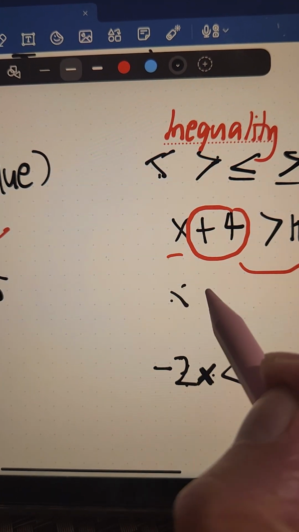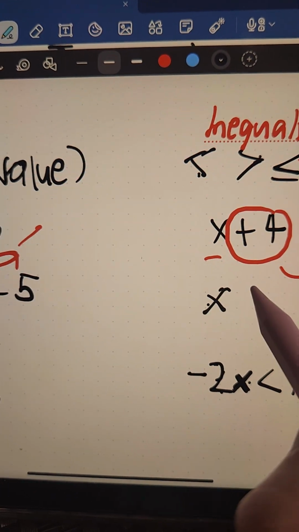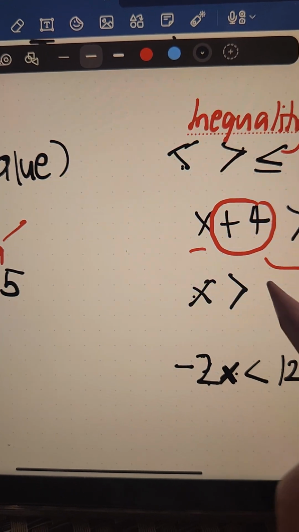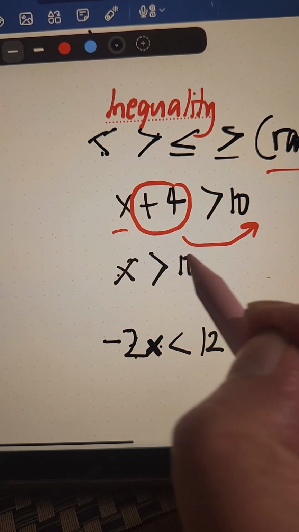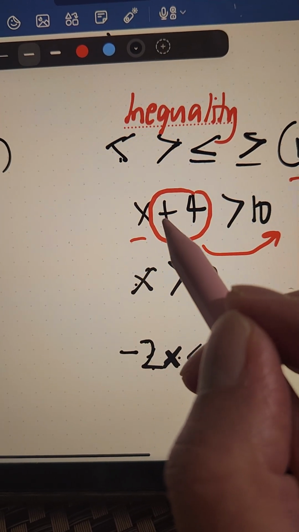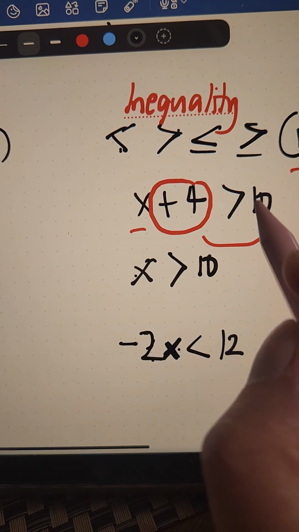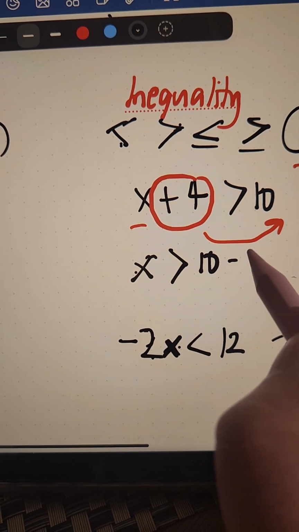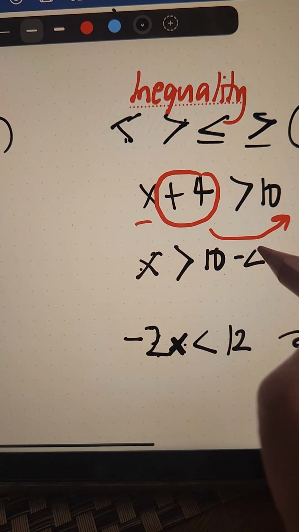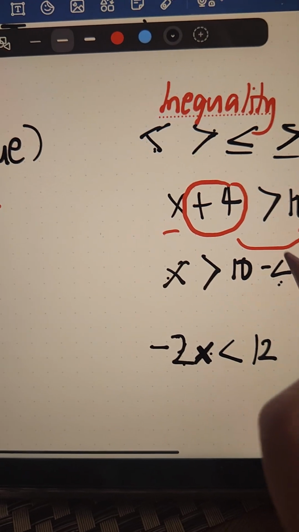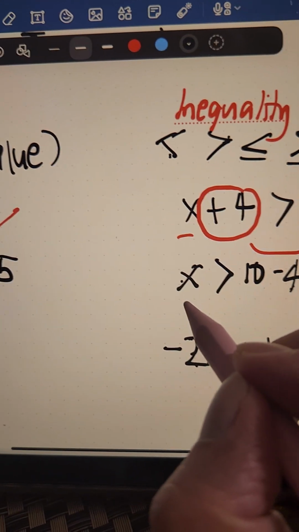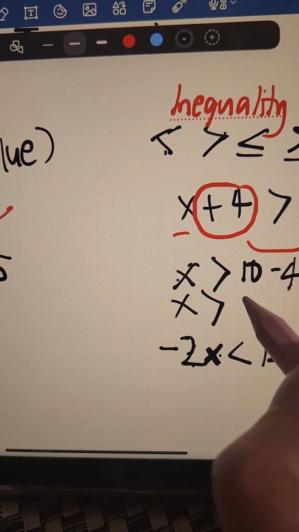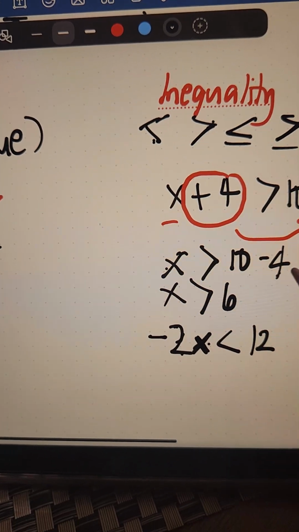So x is greater than, then put 10. Because it was addition earlier, when we moved it to the other side of the symbol, it becomes the opposite of addition, subtraction. Okay? So x is greater than 10 minus 4, which is equal to 6.